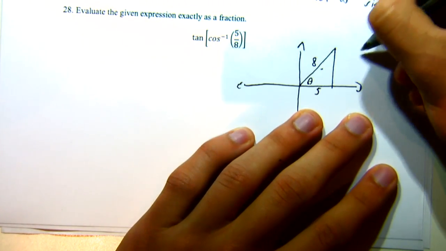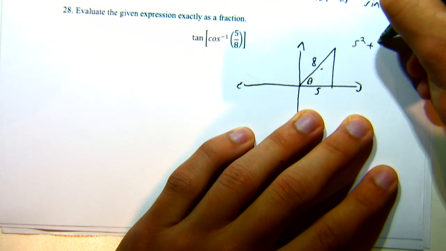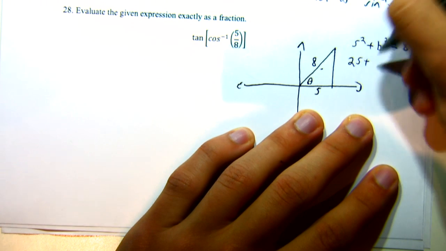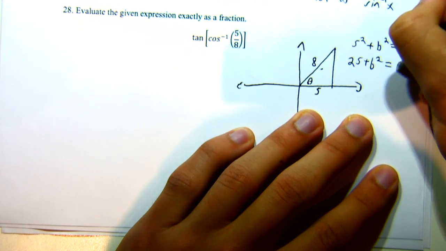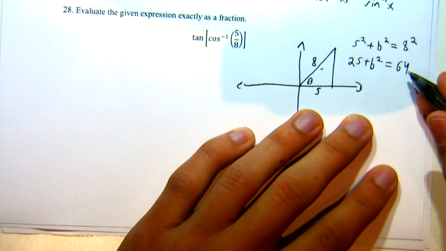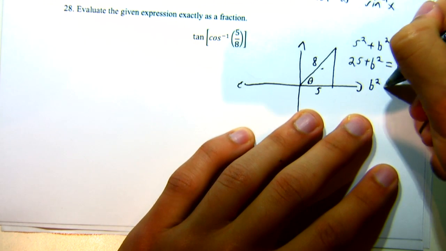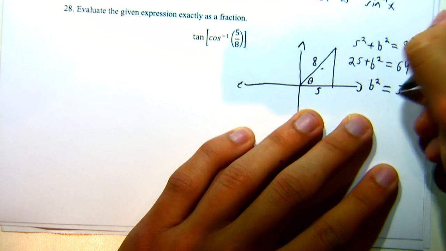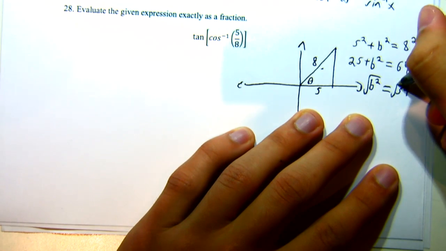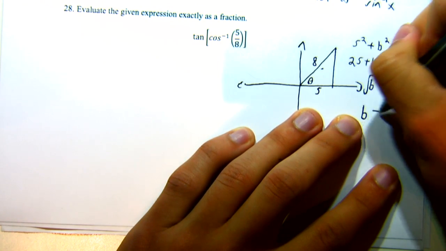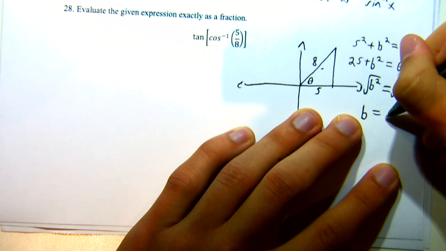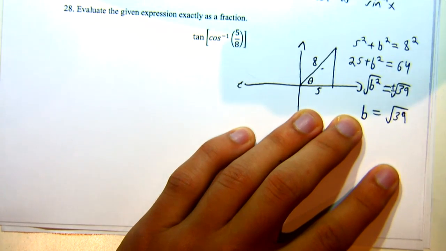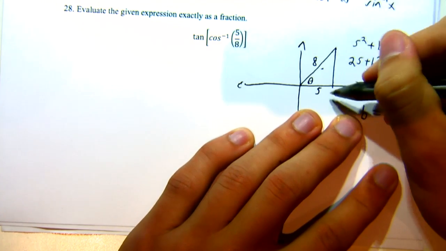So we can use the Pythagorean theorem. 64 minus 25 is going to give us 39. So b equals just the square root of 39. And we know that it's got to be positive because we have a positive y value here, right?